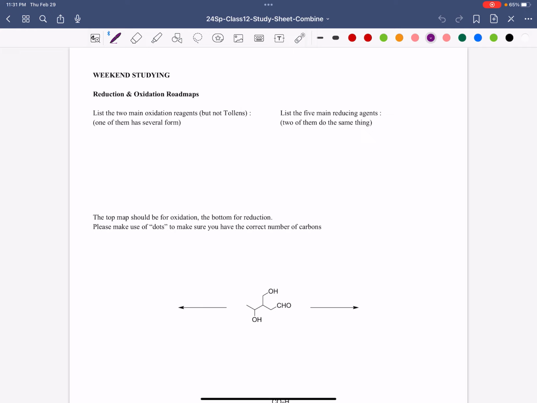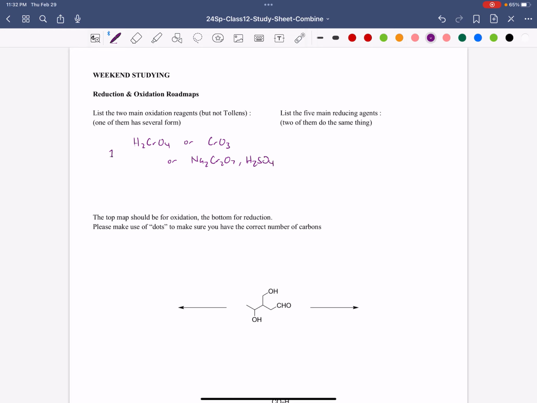Let's look at the two main oxidation reagents, but not Tollens. One of them has several forms. Okay, so the one that has several forms is chromic acid, H2CrO4, and you'll see that sometimes as CrO3, or I use a mixture of the sodium dichromate, if you can memorize that, with sulfuric acid.